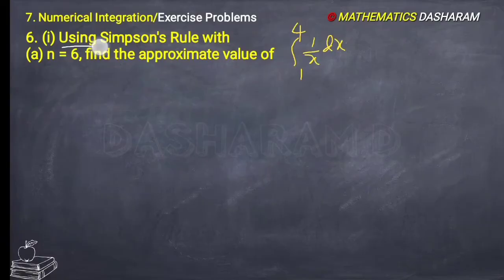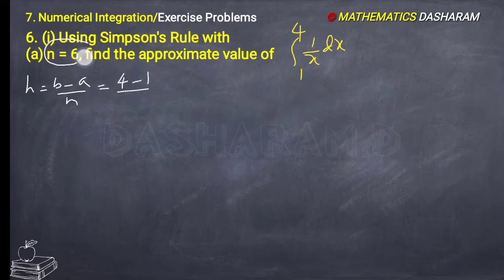Sixth question: using Simpson's rule with n equals 6, find the approximate value of the integral from 1 to 4 of 1 by x dx. So h equals b minus a divided by n, with b value 4, a value 1, and n value given as 6. 4 minus 1 is 3 by 6, so it is 1 by 2, which is 0.5.